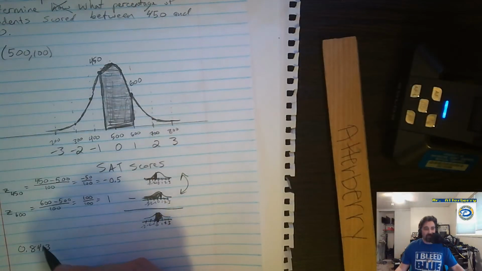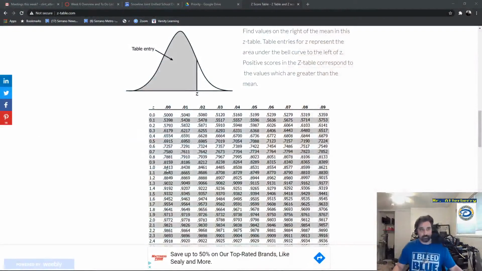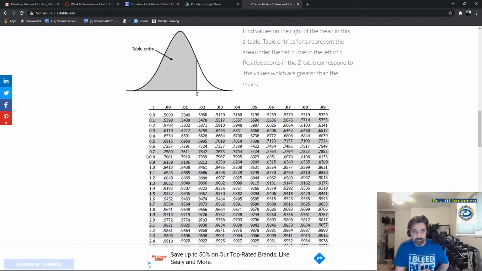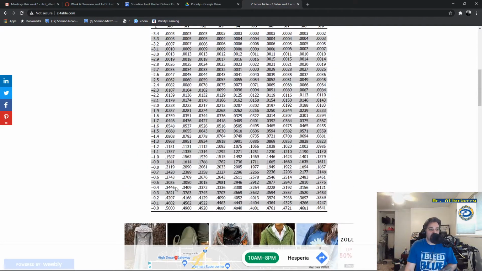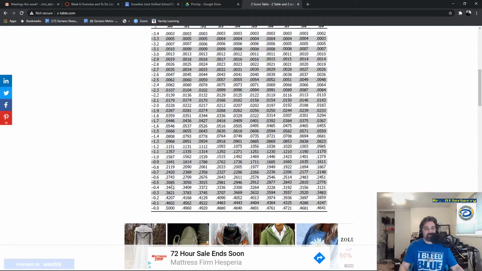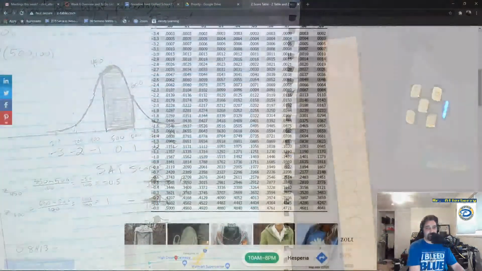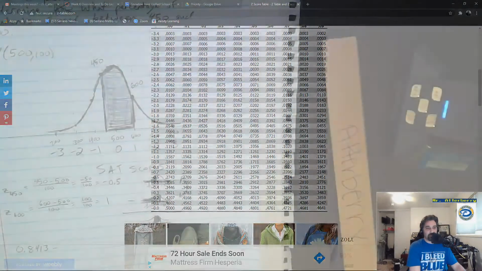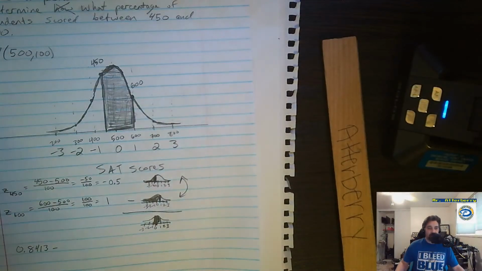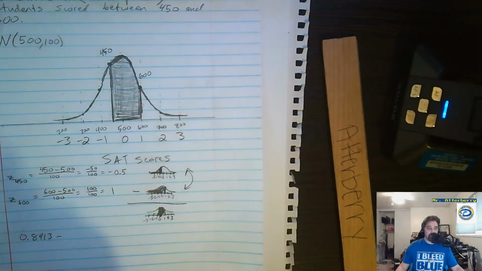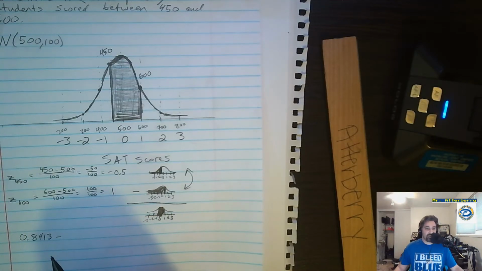Okay, so 0.8413. I'm going to subtract the smaller number. So at negative 0.5, it's 0.3085. All right, so from here, I want to subtract the 0.3085.